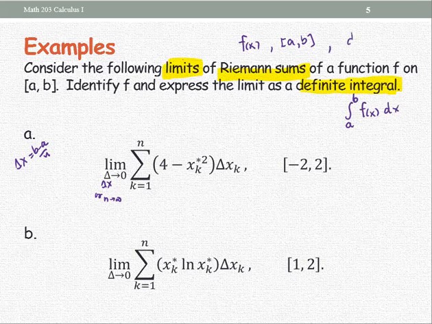The dx is the same as delta x, as a differential notation we saw in the last section toward the end of chapter 4. So the definite integral from a to b of f(x) dx.